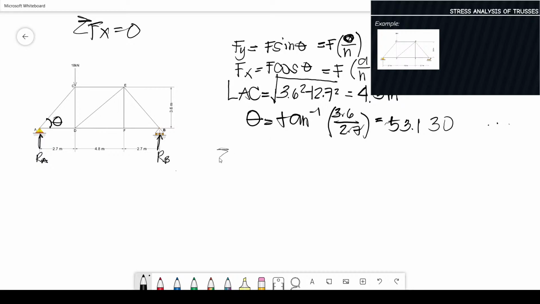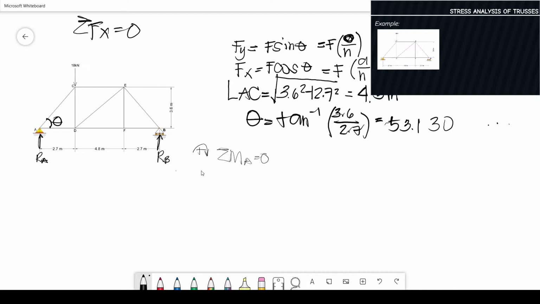So using the summation of moment at point A that is equal to 0. So always assume, ako mas nakasanayan ko na talaga nga pag clockwise, positive. Para dire ka malipat. So summation at moment A, so RB is tipakadto.